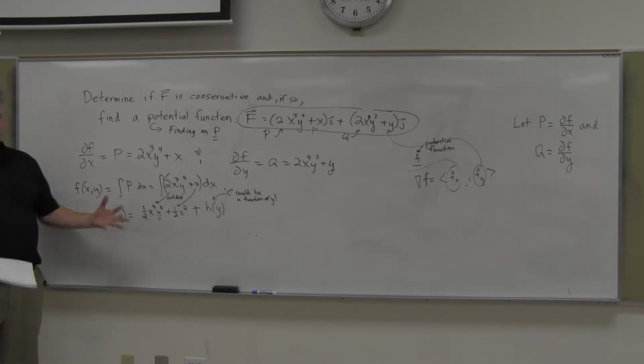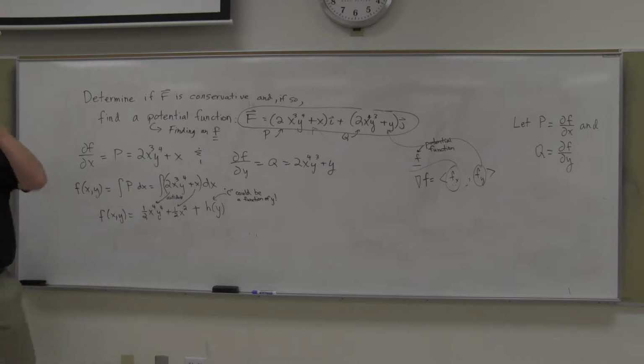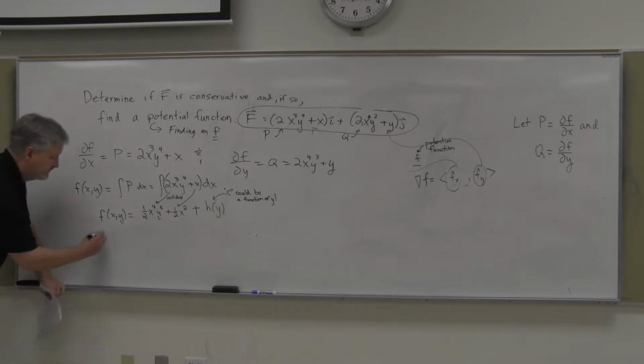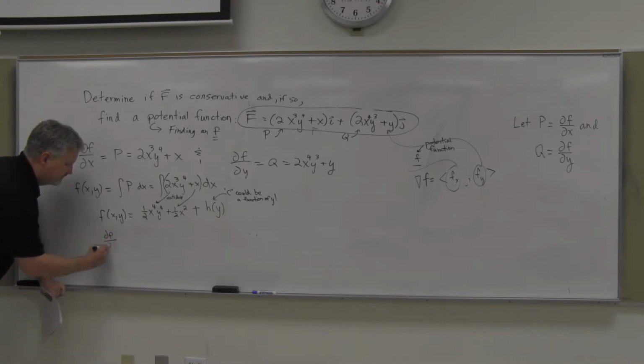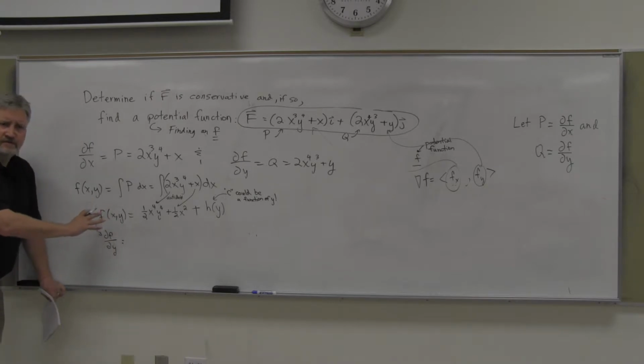So this is our potential function, let's call it f. If I do the partial of that with respect to y, what do I get? So now I've got to start. So I'm on track, hopefully.